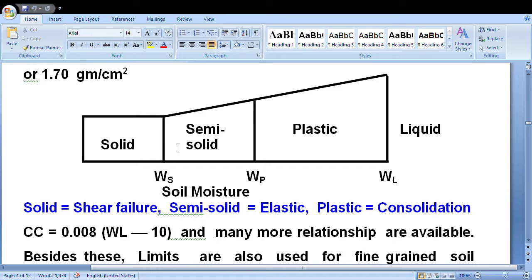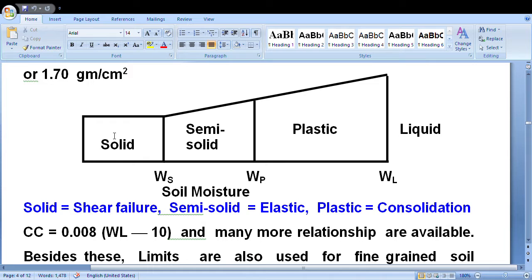And this is semi-solid: when the soil moisture is from here to here onward, the shear strength will be 1.7 kg. Here onward, if soil moisture goes from WP towards the liquid limit, it will be 1.7 to 0.